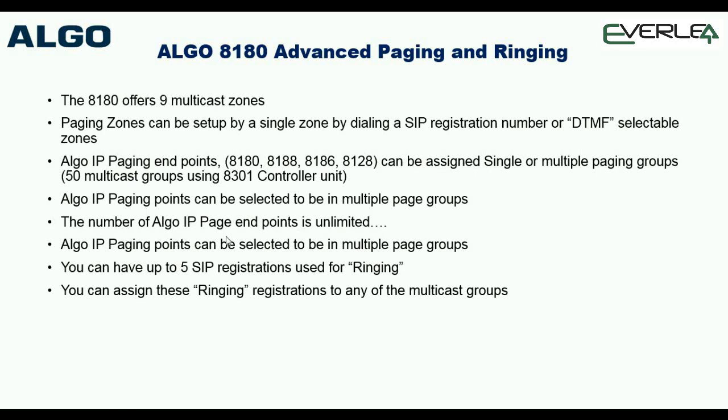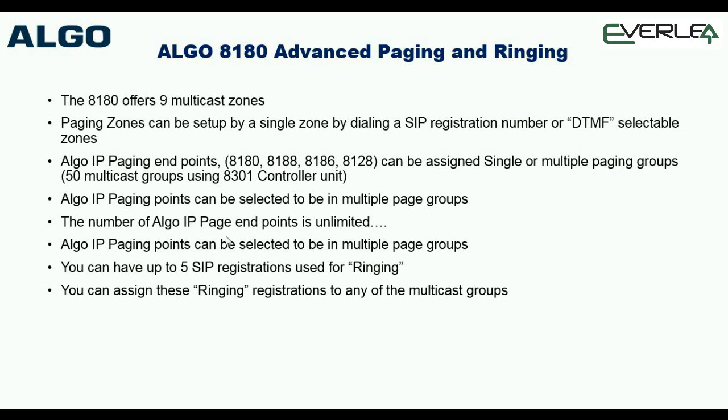And we'll be talking a little bit about the 8301 in the next couple of points down. The paging zones can be set up in a single zone by dialing a SIP registration number or as DTMF selectable. Let's just pick on the DTMF selectable. Let's say we've got one master unit, and then we are going to dial into it and then dial the extension number and then *1.